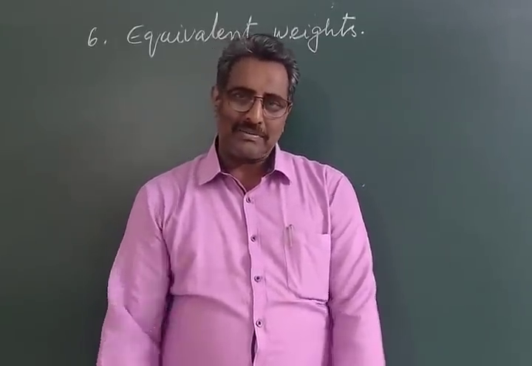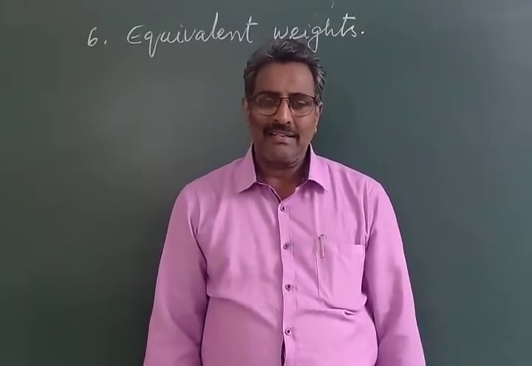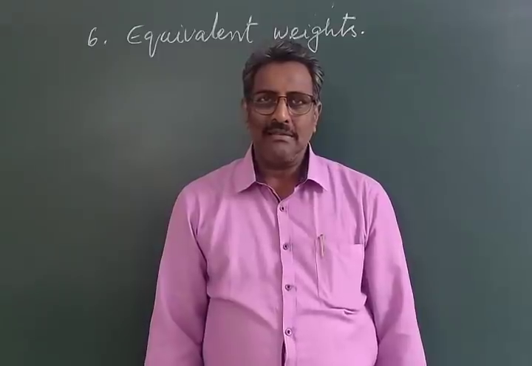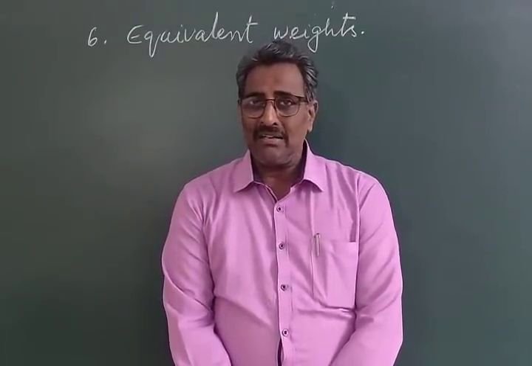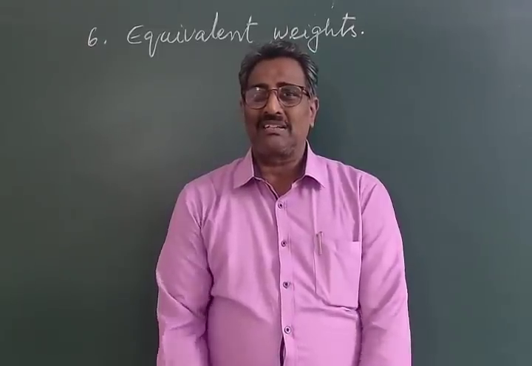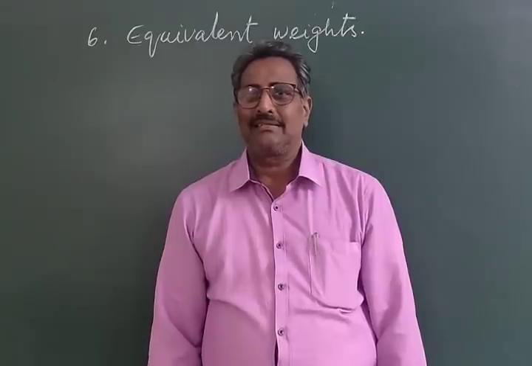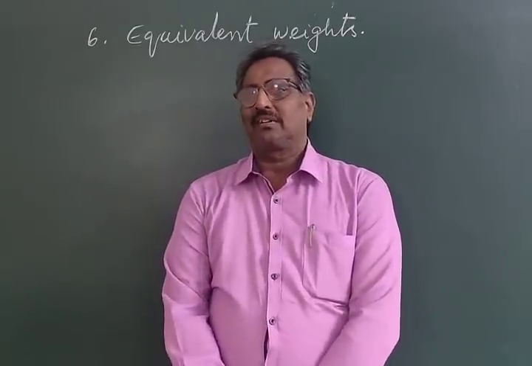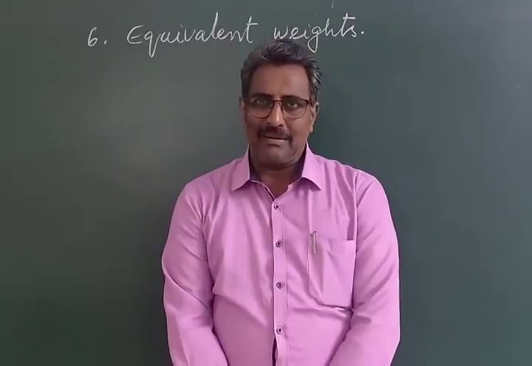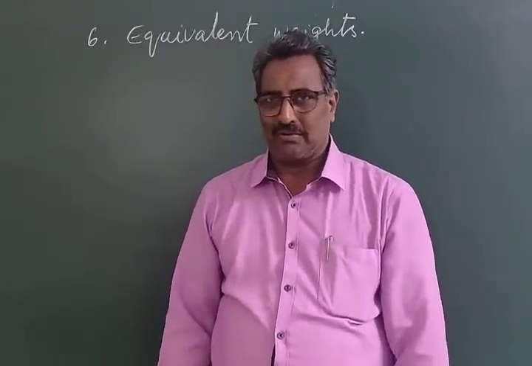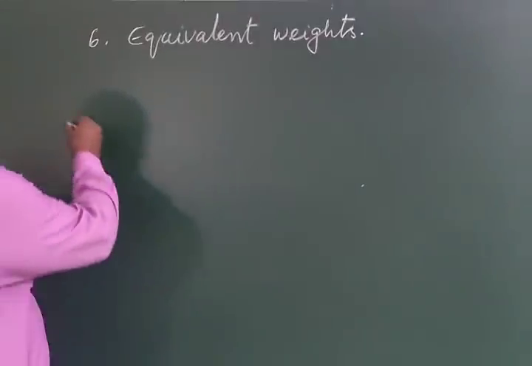The amount of substance that combines or replaces 1 gram of hydrogen or 35.5 grams of chlorine or 8 grams of oxygen directly or indirectly is known as equivalent weight of substance. Here the substance may be either element or compound. Okay? Let us see the definition. How is it defined?